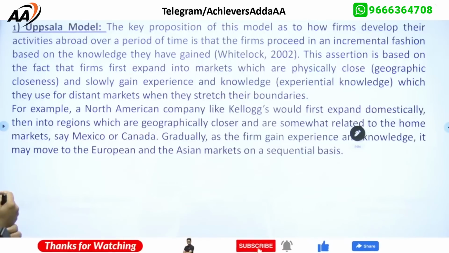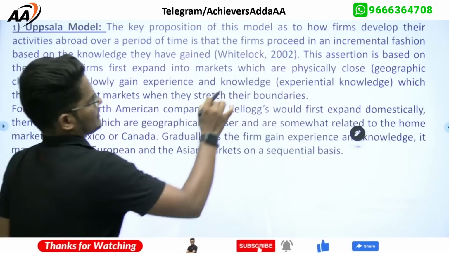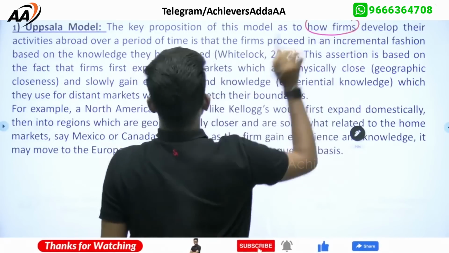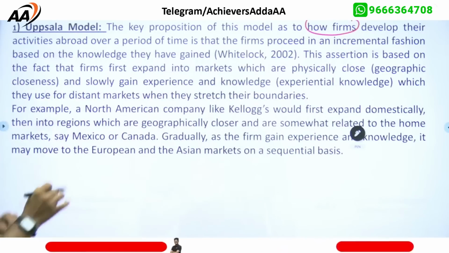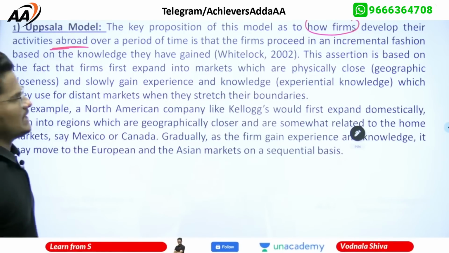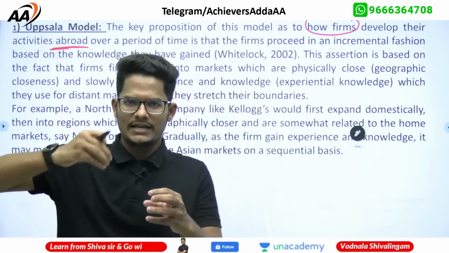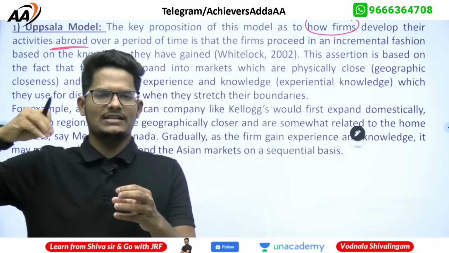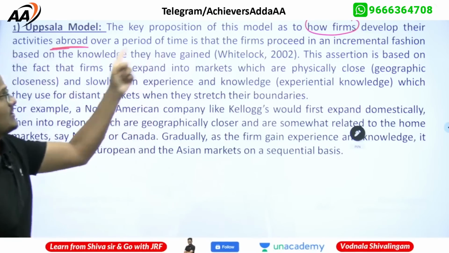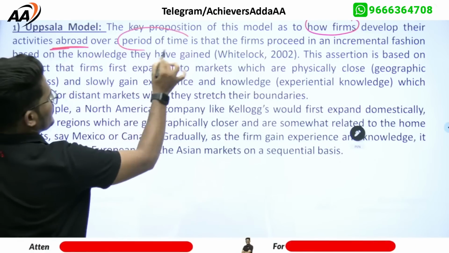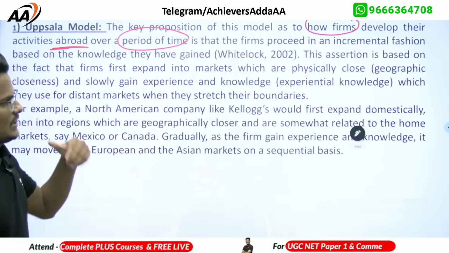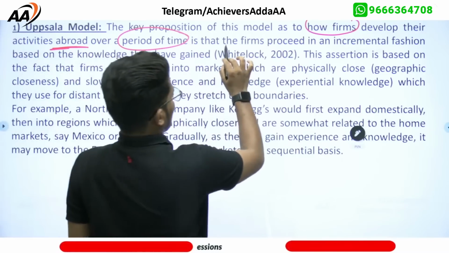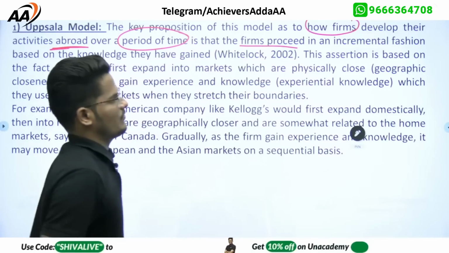This model's key proposition is how the firm is going to develop its activities abroad. In another country, how the firms are going to develop their production or business activities, the process, how much time they are going to take for developing their activities, and the firm proceeds in an incremental fashion.